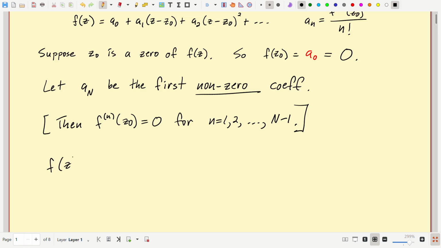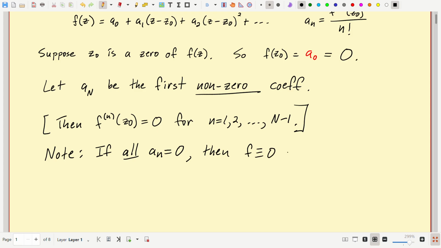Oh, by the way, I should note: if all the coefficients are 0, then of course the power series is a 0 power series, and then we would see that f is identically 0 inside the radius of convergence of the power series. So that's kind of a dumb case.